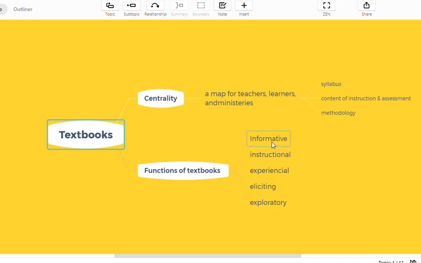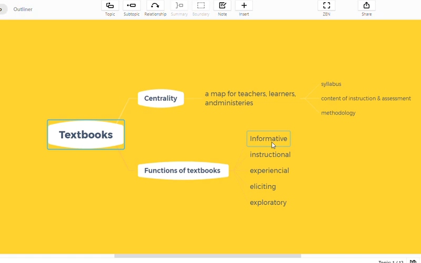Informative. The textbooks inform students about language. When you study a textbook and you learn something about language, for example, you learn something about simple present tense, so it informs you.